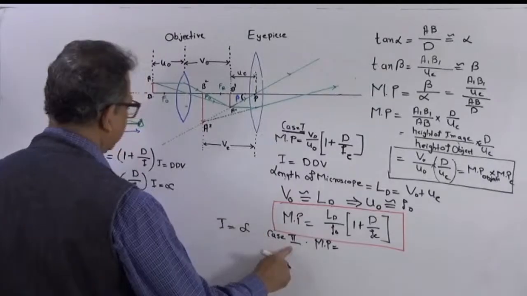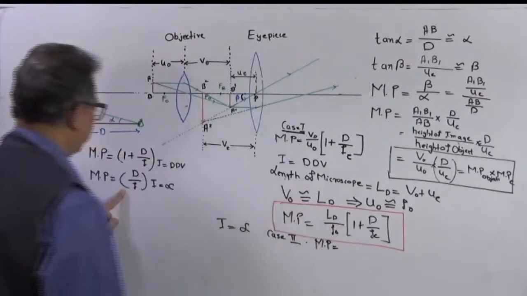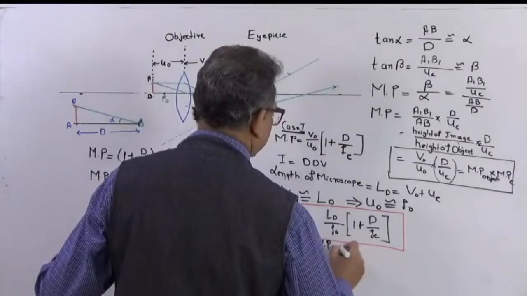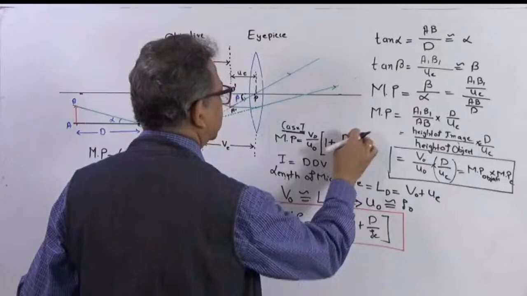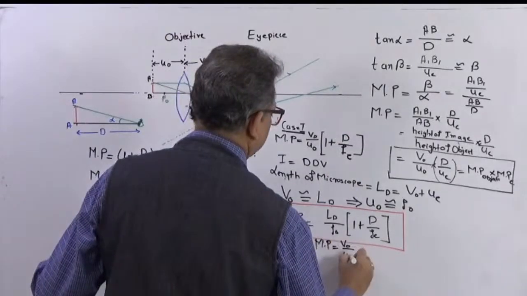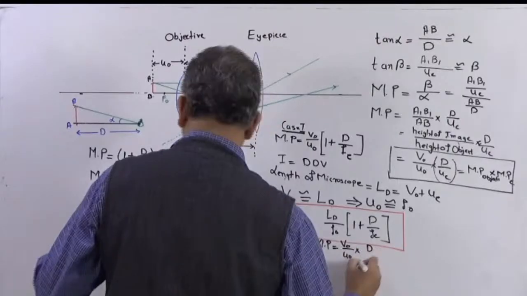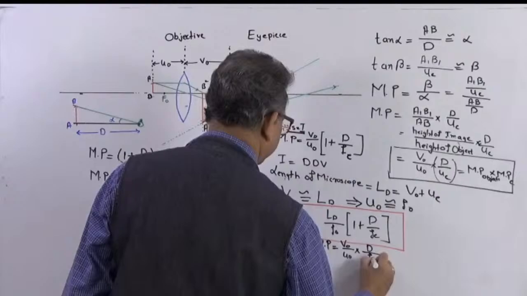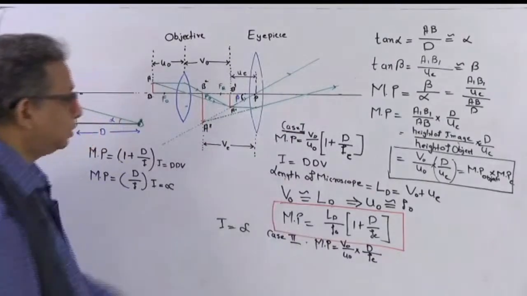So MP will be equal to D upon Fe. In this case, the 1 plus D upon Fe will be replaced by just D upon Fe, not 1 plus D upon Fe.